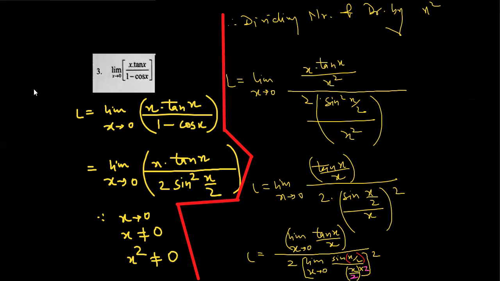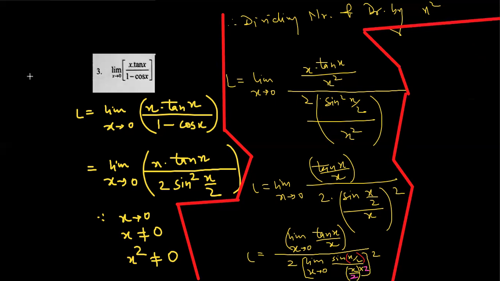I will write here as x tends to 0, x by 2 tends to 0. Therefore, using limit sine theta upon theta equals 1, when theta tends to 0, we get 1.